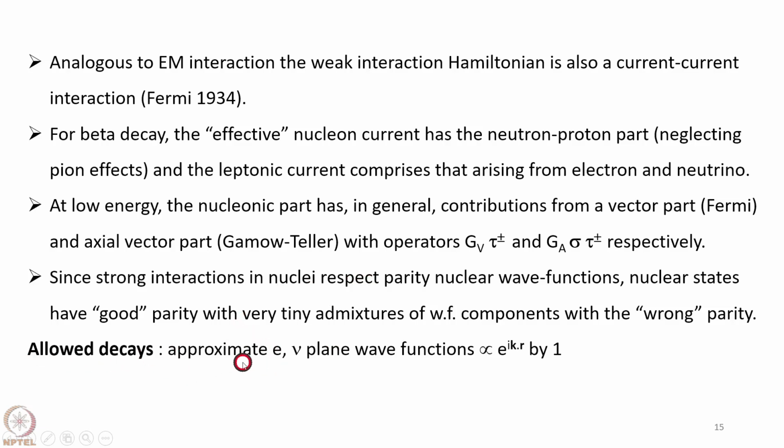Now, in the allowed decays, you can write down the electron and neutrino wave functions as e^{ikr}, but since kr for all practical purposes is very close to 0, you can approximate these by just the unity operator.